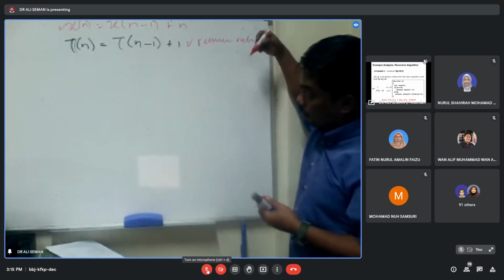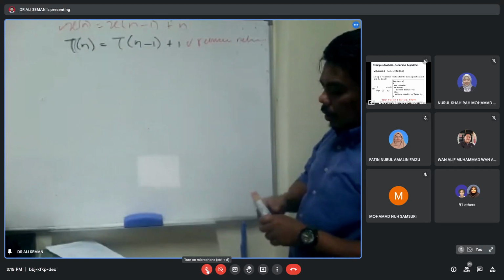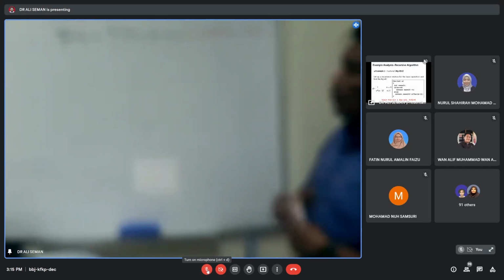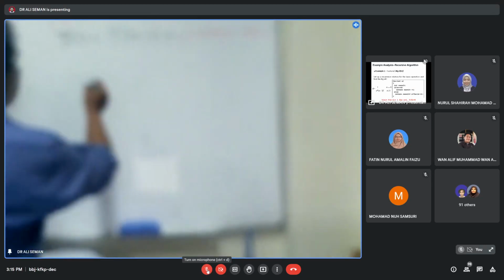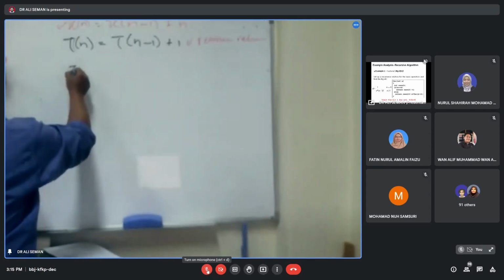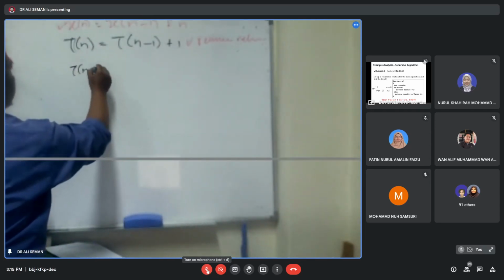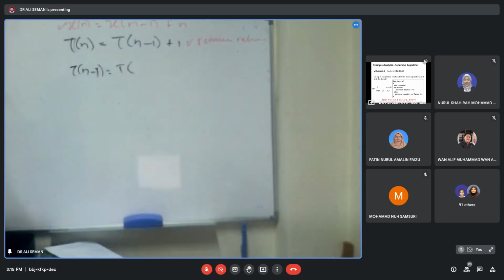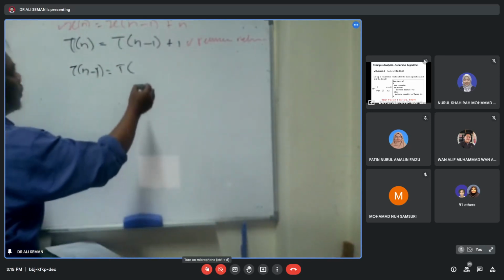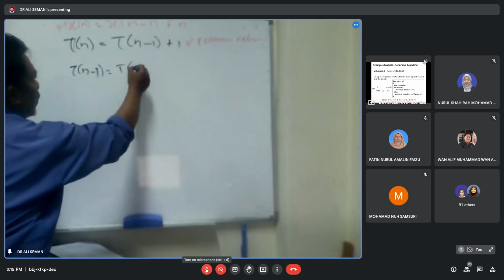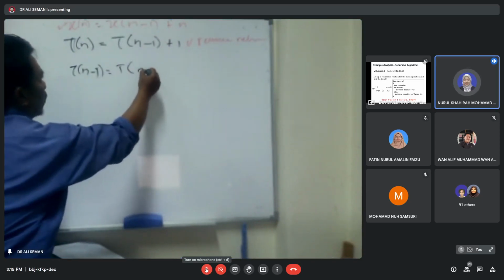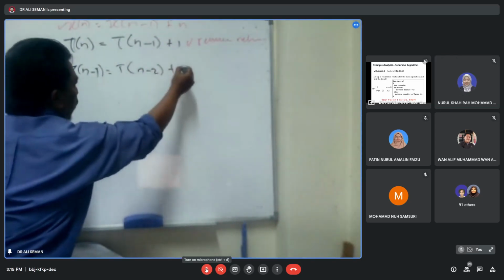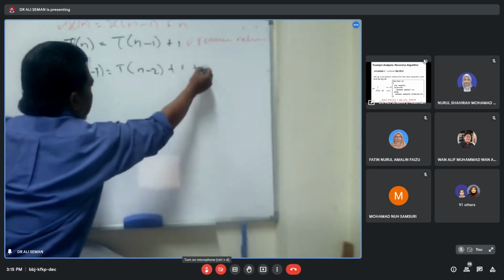Okay, now we need to derive from this. Based on the back substitution, how are we going to substitute it? We have this T of n minus 1, right? Here we need to substitute, so this becomes T of n minus 2 plus 1 plus 1.